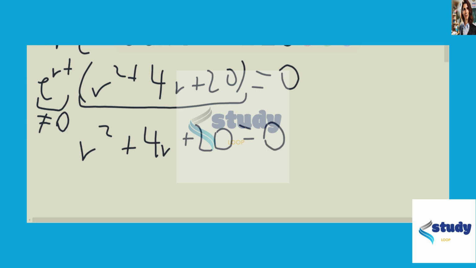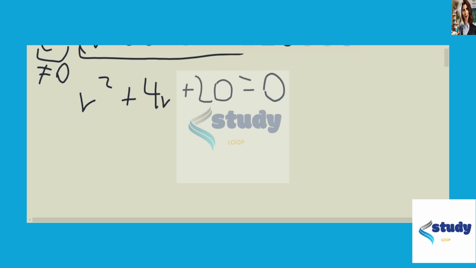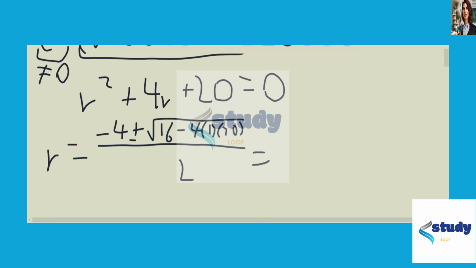So we'll have to use the quadratic formula because it does not appear to be an easy way to factor it. So we set r equal to -4 plus or minus the square root of 4 squared, which is 16, minus 4 times 1 times 20, which is 80, over 2.